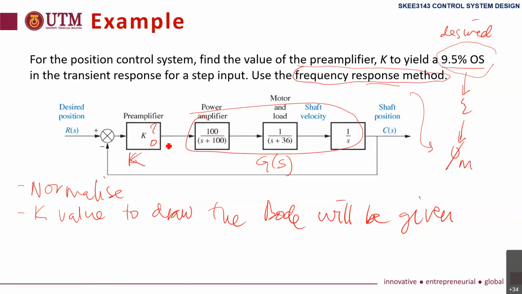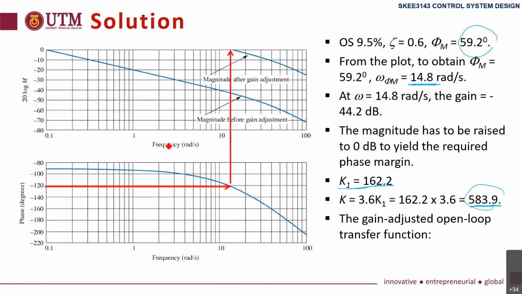We will use this, and the K that we obtain is 583.9 to achieve 9.5% overshoot. You can refer back to the previous note.